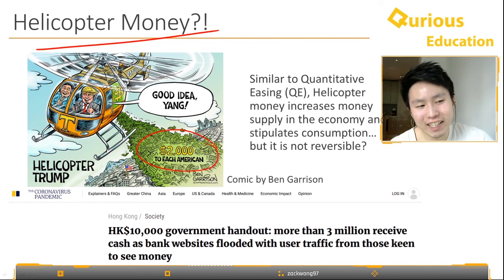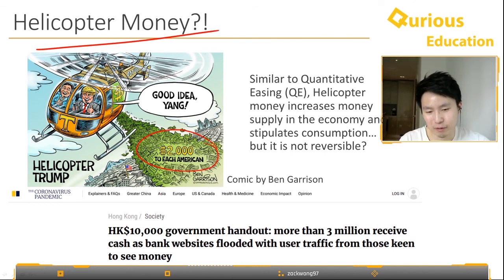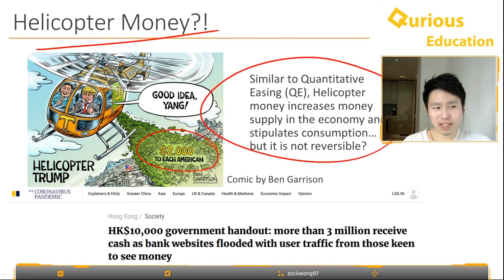Another way they can do that is to give like $2,000 to each American, or to each person in the country. So it's quite similar to quantitative easing, because helicopter money increases, again, the money supply within the economy.